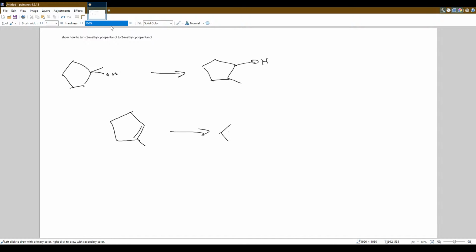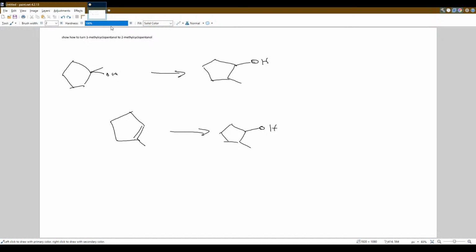We can turn it into this thing through our hydroboration. And we can tell that it's going to be the hydroboration because if we use the mercury method, or acid catalyzed hydration, then the OH would instead go down to here and we'd get the same molecule we started with.